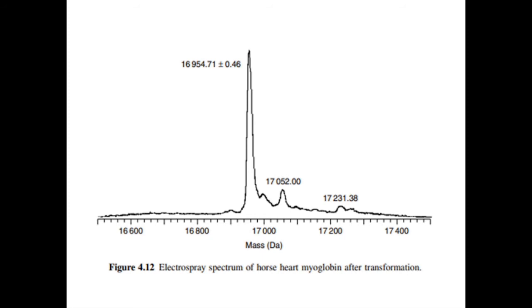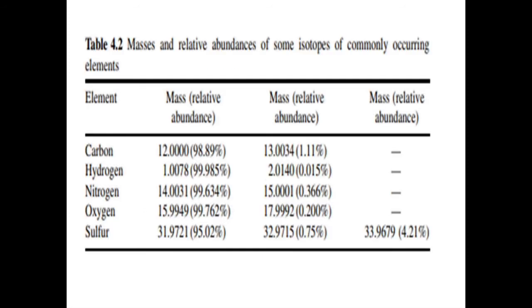In this table, masses and relative abundances of some isotopes of commonly occurring elements are given. Here the elements are carbon, hydrogen, nitrogen, oxygen and sulfur, with their masses and relative abundances. These are the isotopes: carbon 12, carbon 13, hydrogen, deuterium, nitrogen 14, nitrogen 15, sulfur, oxygen 16, oxygen 18.